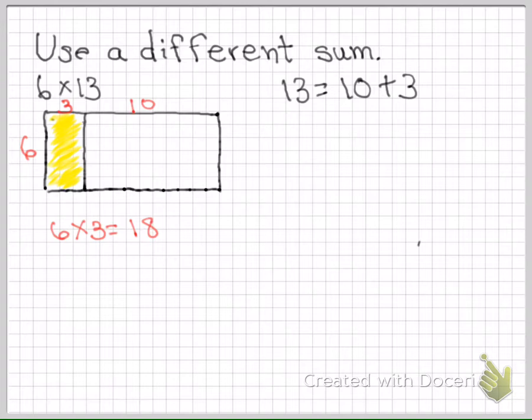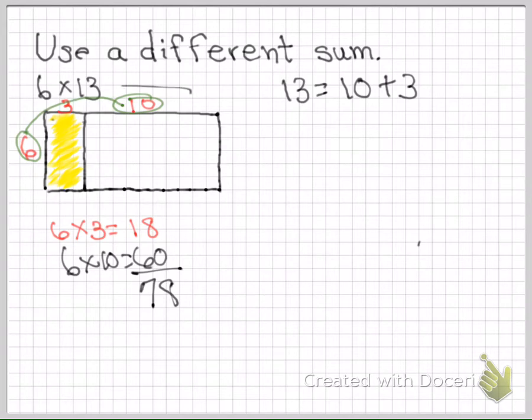The next thing, I can go 6 times 10, and I know, and you know, we all know that 6 times 10 equals 60. So when I add up the 18 and the 60, once again, I get 78. So regardless of how you break up this sum right there, you're going to end up with the right answer.